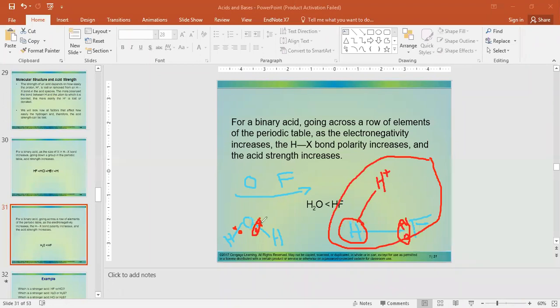Therefore, the sharing of these electrons here is going to be closer to the oxygen in this particular case. But in fluorine, it is going to be even closer to the fluorine here. The question therefore is, if we judge the tendency of this hydrogen forming a hydrogen ion and this one, you'll realize that because the electrons here have been taken very close to the fluorine. Oh, sorry. Okay, I see what you mean. So you understand? Yes, thank you.